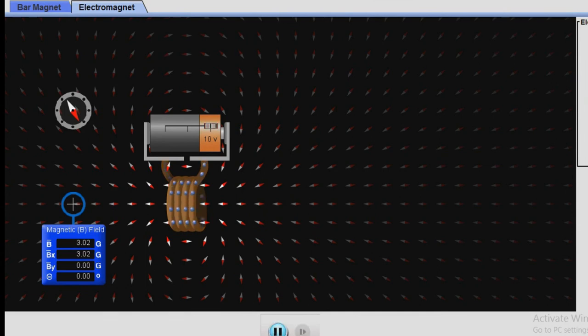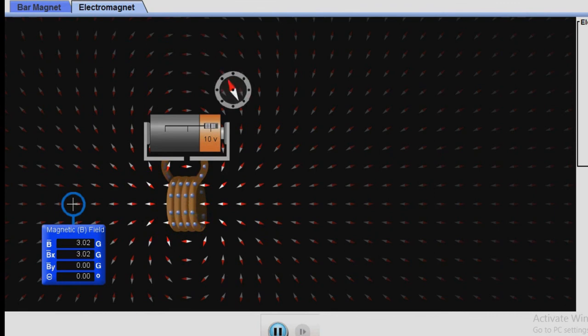Once you start, you can see that when the current is flowing, we have magnetic field lines exactly like a bar magnet. You can put it at different places. The compass needle will trace the magnetic field lines, so it is exactly the same as in the case of a bar magnet.